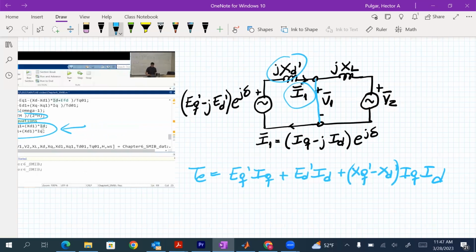So for the short circuit, if we calculate all this expression, it should give us 0.